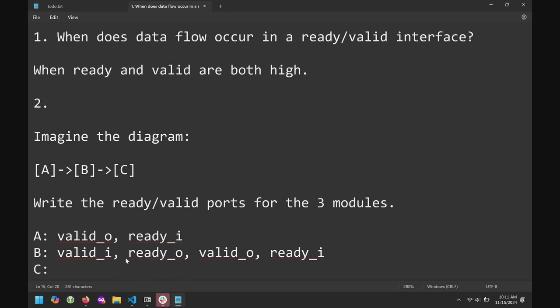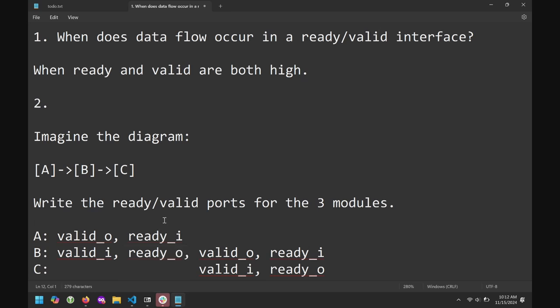So I'm going to move this along. Over here, we're probably going to have a valid input that B's valid out will plug into. So B will plug into C, its valid input, and it will also plug in this ready output. Every time you have two nets that overlap vertically, that denotes that they are connected with each other. Yeah, question.